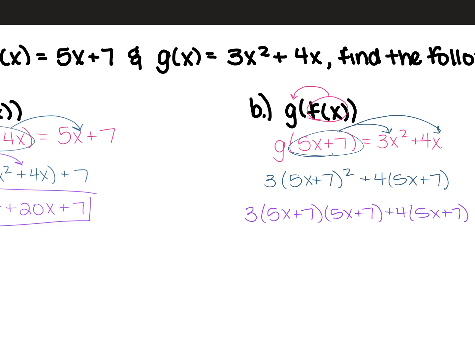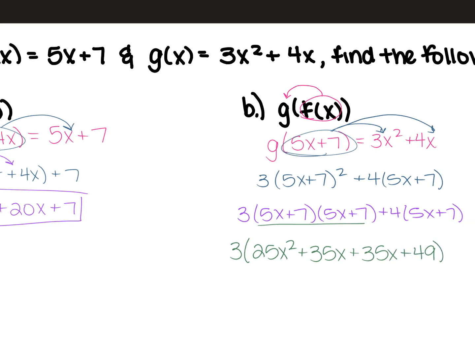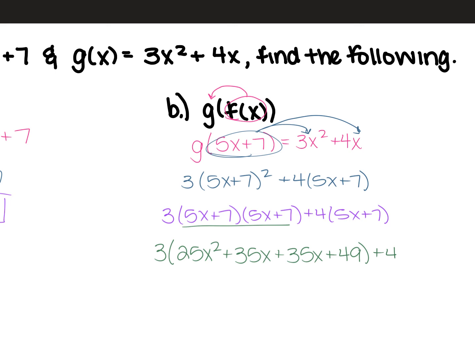From here, like I said, you're going to FOIL the 5x plus 7 out. So that's going to give you 3 times (25x squared plus 35x plus 35x plus 49) plus 4 times (5x plus 7).